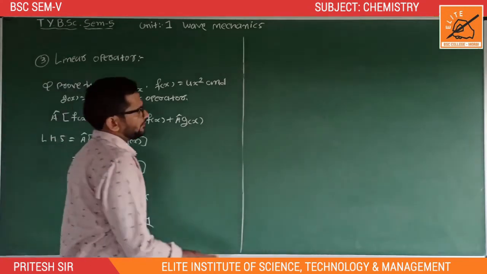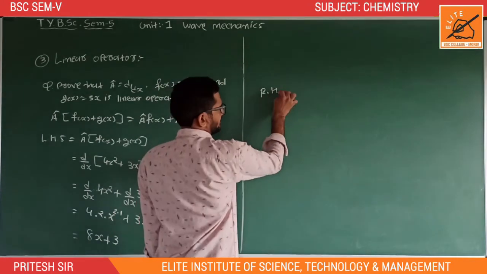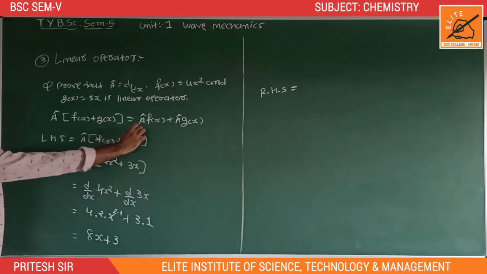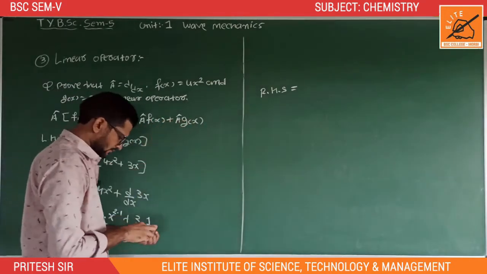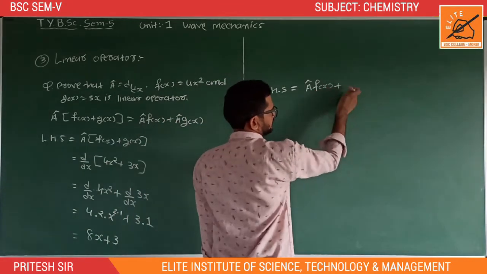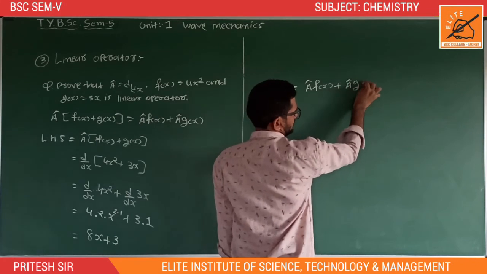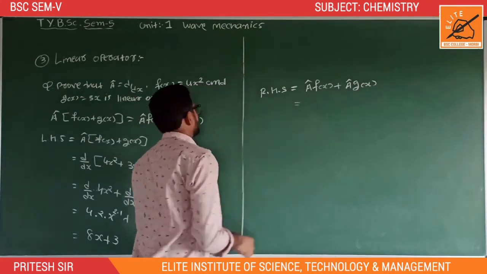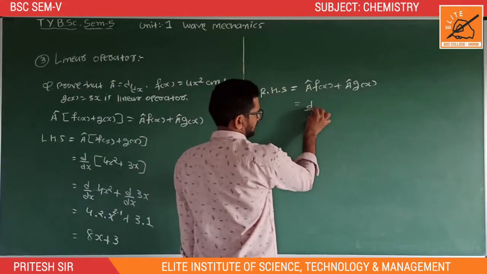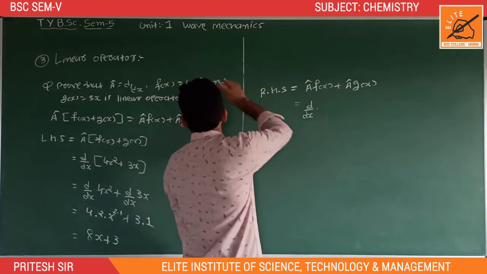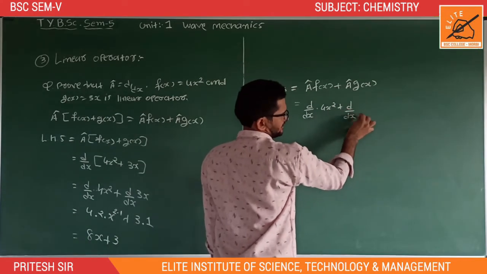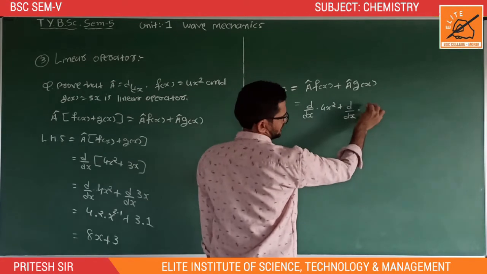Now the value of RHS, the right hand side, is equal to A cap f(x) plus A cap g(x). Now put the value of A cap equal to d by dx, f(x) equal to 4x square, plus A cap equal to d by dx, g(x) equal to 3x.